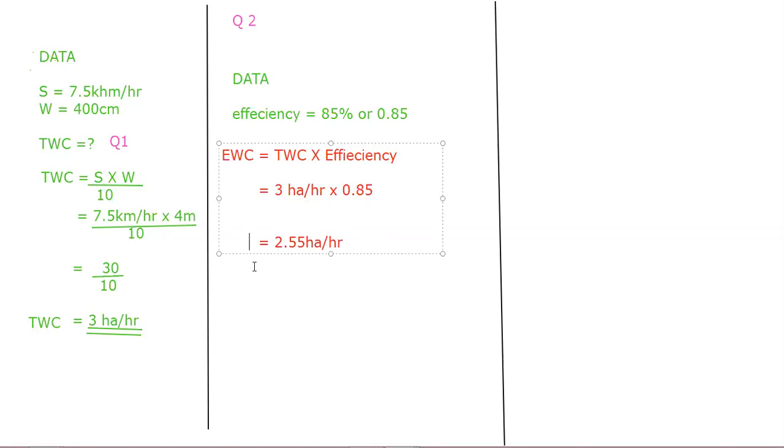Now we go to the next one, which says: how long will it take in days to plow 210 hectares if the operator works 8 hours per day? So the operator works 8 hours per day. The question is, how many days?